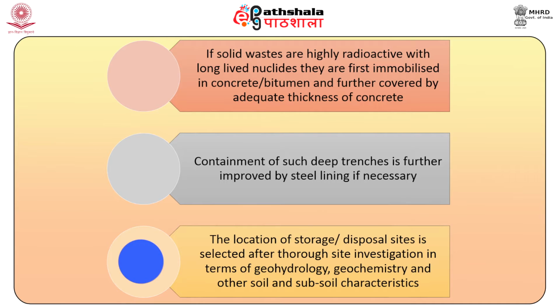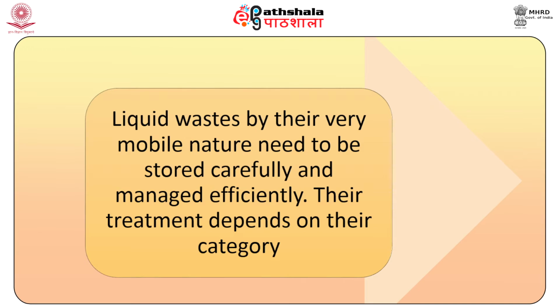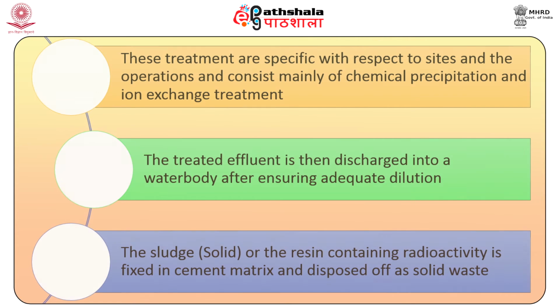Liquid. Liquid wastes, by their very mobile nature, need to be stored carefully and managed efficiently. Their treatment depends on their category. Low level waste: these treatments are specific with respect to sites and the operations and consist mainly of chemical precipitation and ion exchange treatment.